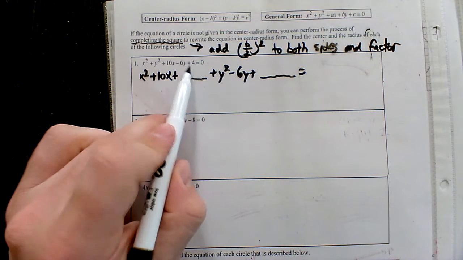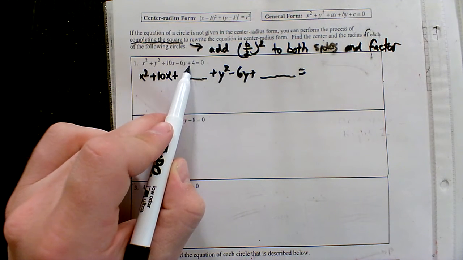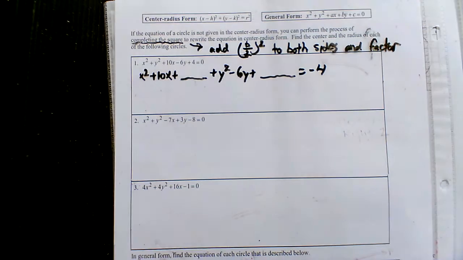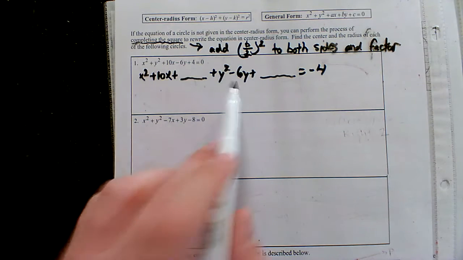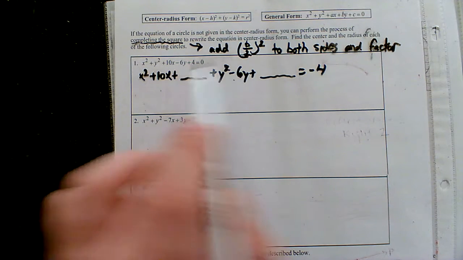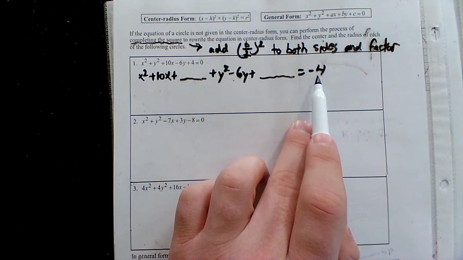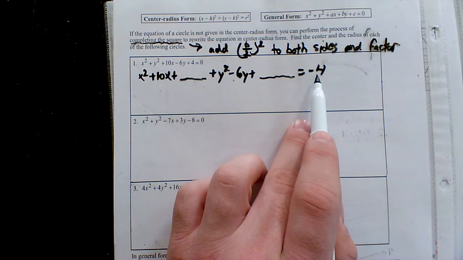Equals, well, this positive 4, we're going to subtract it to the other side because there's nowhere for it right now. So we have our x's together on the left, we have our y's together on the left. We need to complete the square of the x's and the y's, and we moved any values we had to the right side.